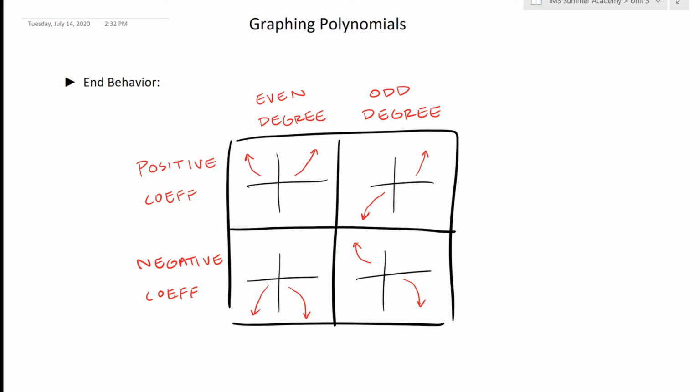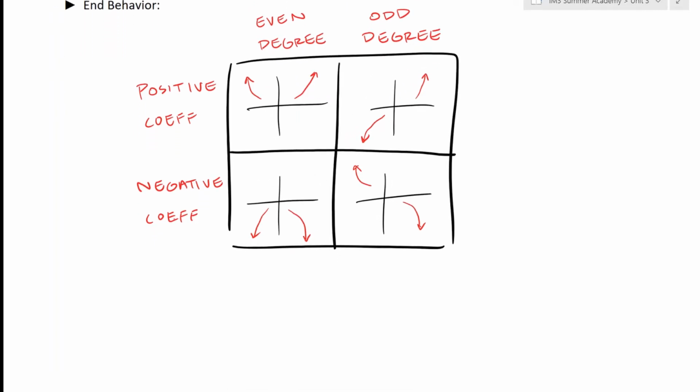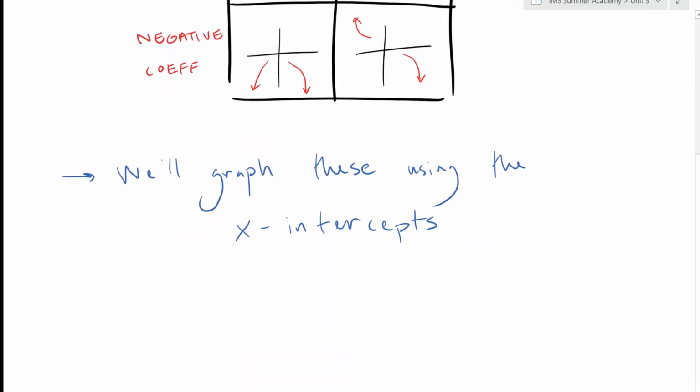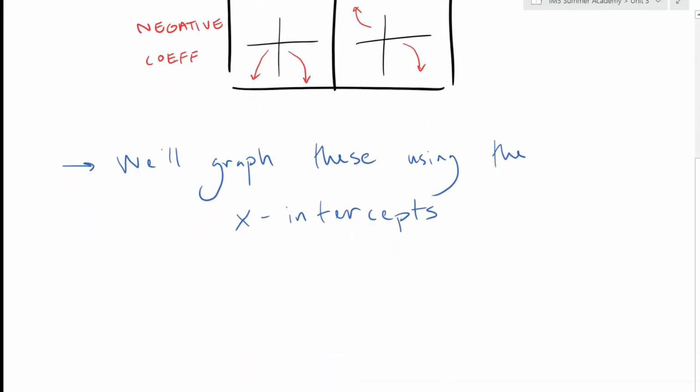The other thing that we're going to use to graph will be the X-intercepts. So I'm going to make a note of that. We'll graph these using the X-intercepts. And you'll probably say, why does this even go with our solving and factoring?